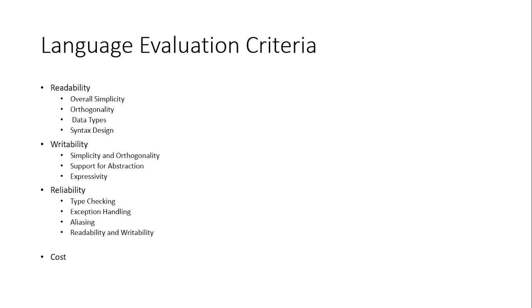So that is about overall simplicity. And the second thing is about orthogonality. Orthogonality in a programming language means that a relatively small set of primitive constructs can be combined in a relatively small number of ways to build the control and data structures of the language.